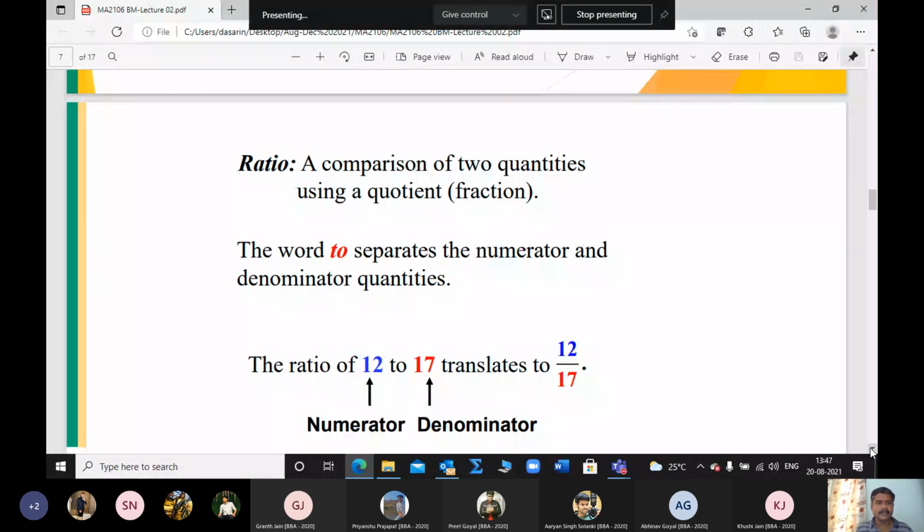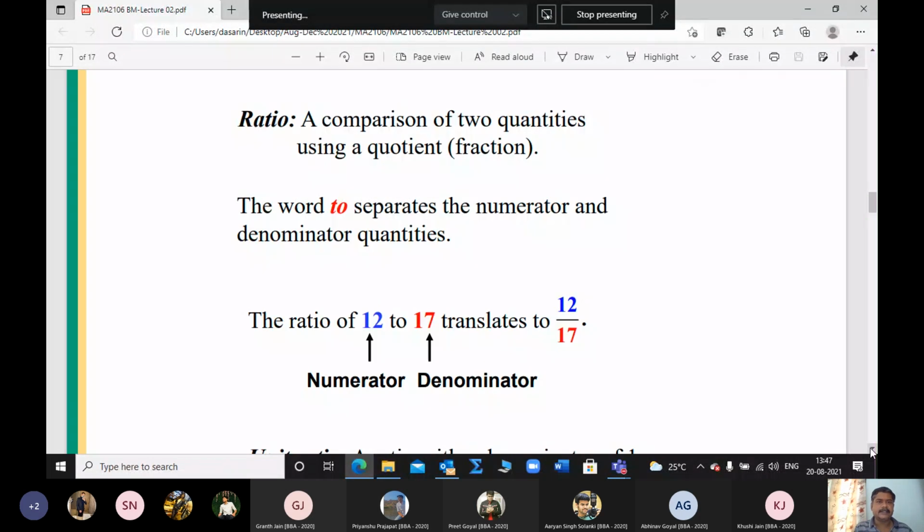As I mentioned, by definition, the ratio means the word that separates the numerator quantity from the denominator quantity. I repeat, the word which separates the numerator quantity and the denominator quantity is called a ratio. Now suppose I ask, what is the ratio of 12 to 17?